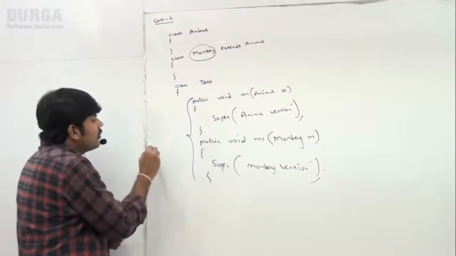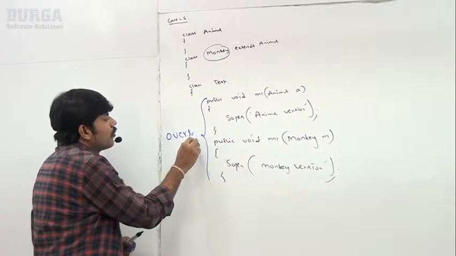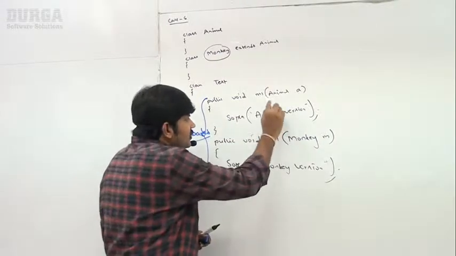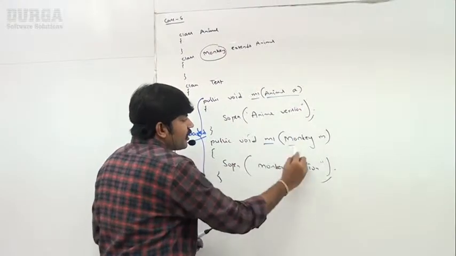Can I say these two methods are overloaded? Yes, because both methods have the same name but different argument types.